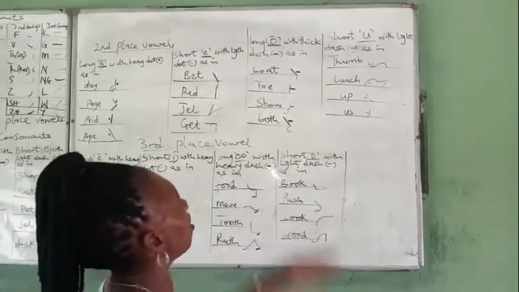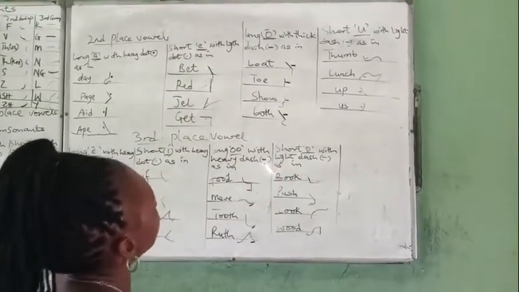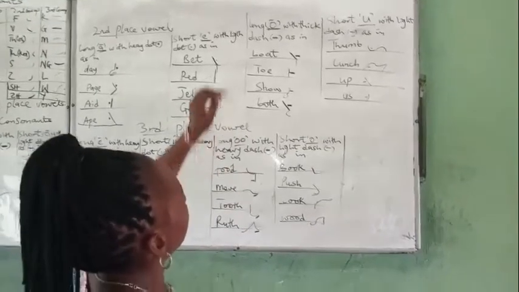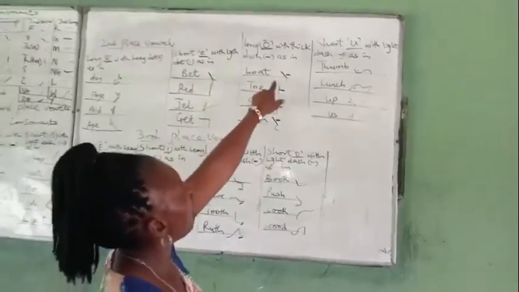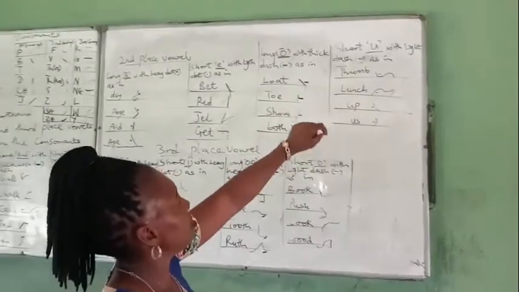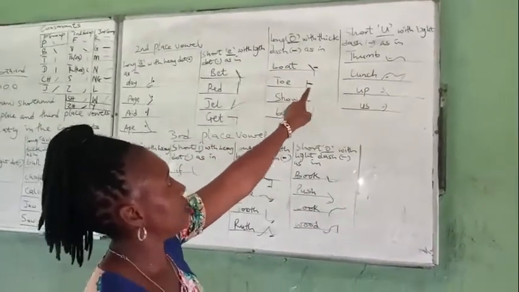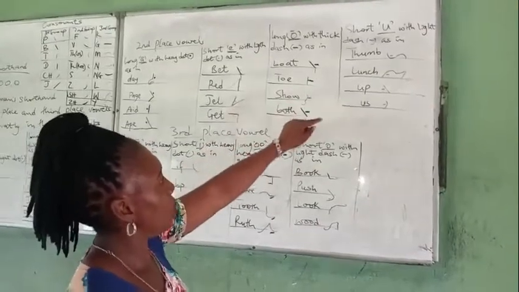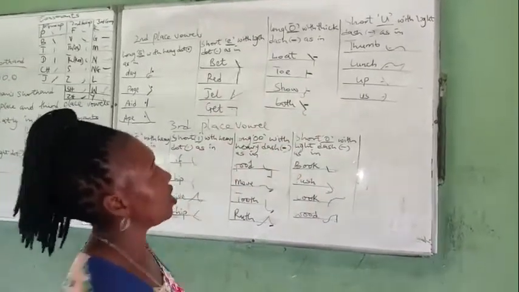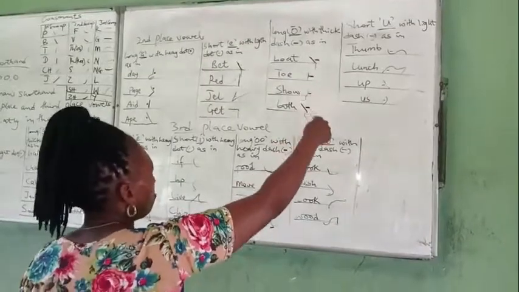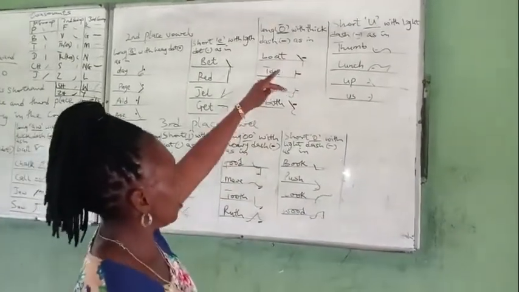Then a long O. We have both. This uses a tick dash, as in toe, show. All of them use a tick dash and they touch the line.